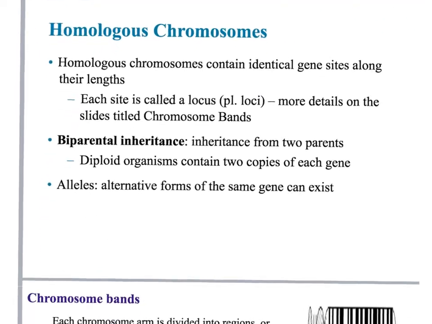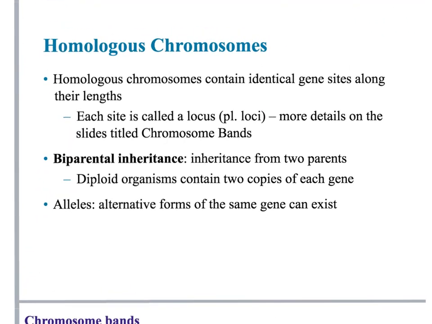Then our homologous chromosomes contain the identical gene sites along their lengths. So each site on a chromosome is the locus. So when we looked at that picture of the chromosome, and it had its little centromere over here, it was the one from chapter 1 where there was eye color, like red eyes and green eyes, and there were all different markers on there.